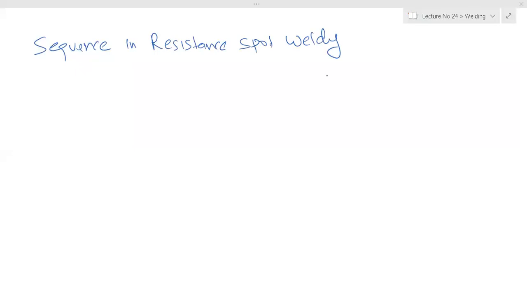Resistance spot welding. So the sequence will be, how it is done.